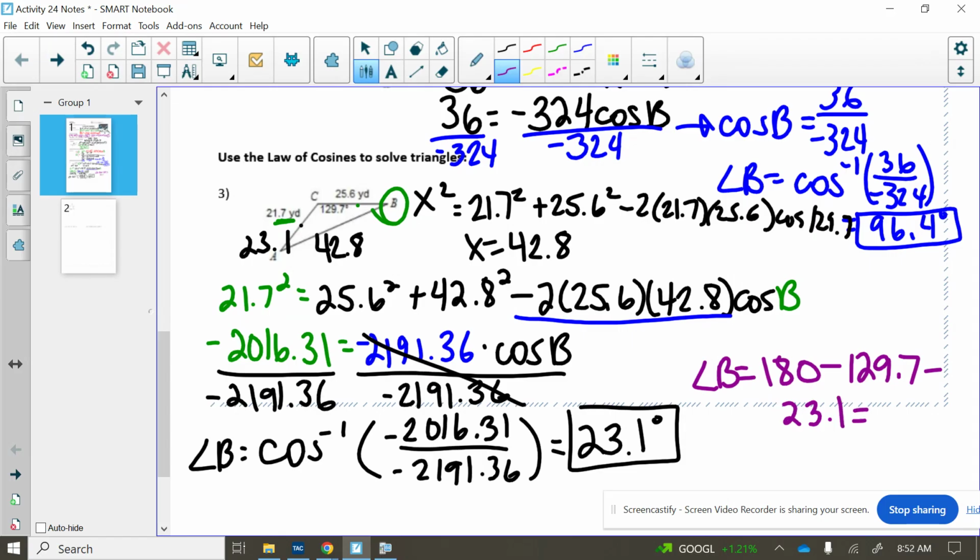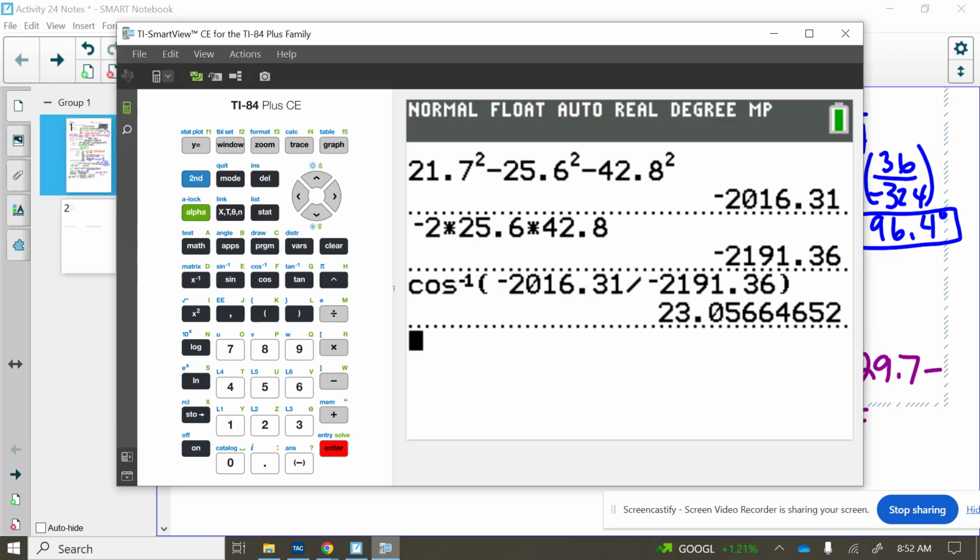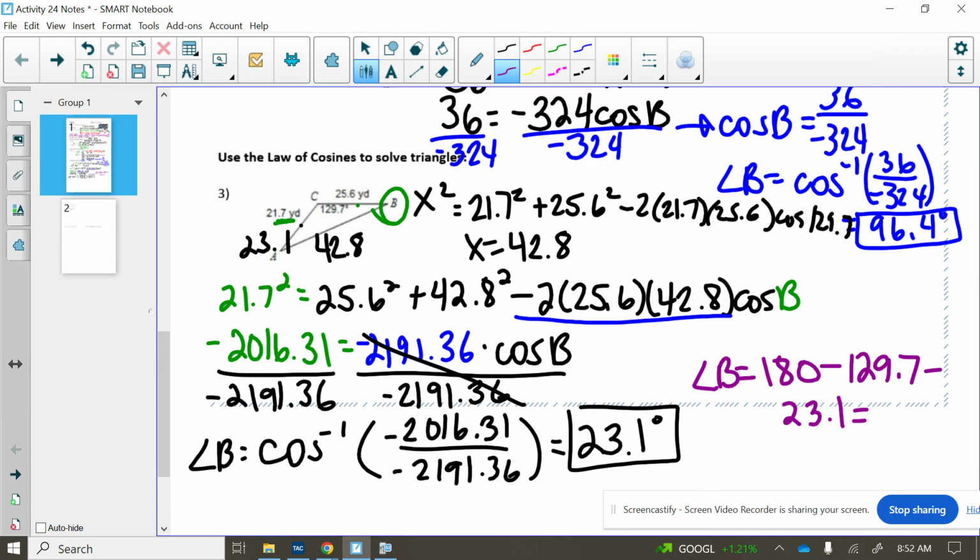So what we can do is subtract all of this from 180 to get that final angle value without necessarily having to do the law of cosines for a third time. So 27.2 would be our final angle value on this one.